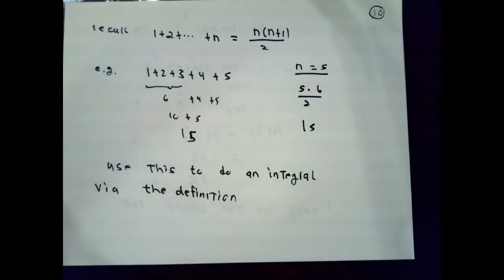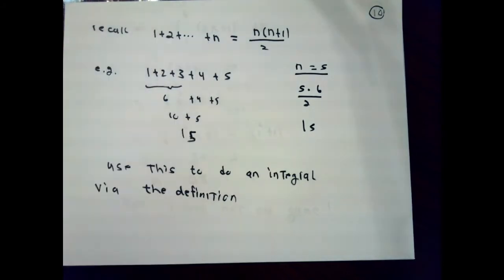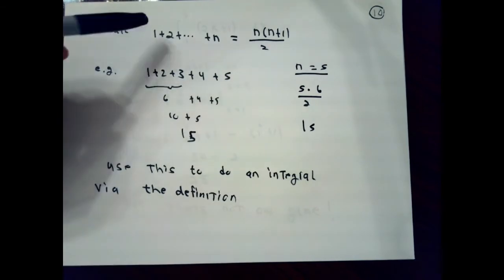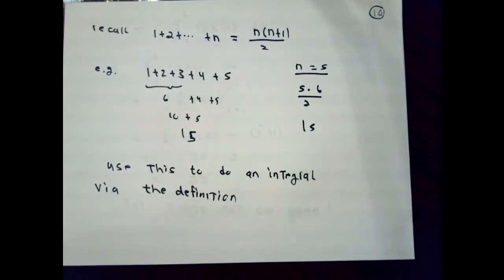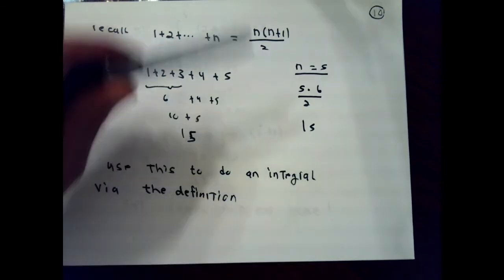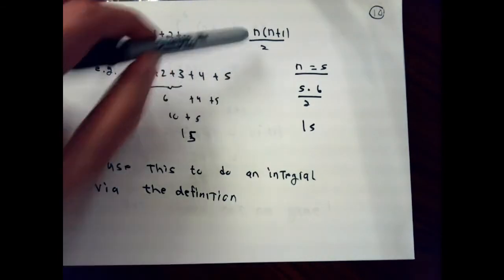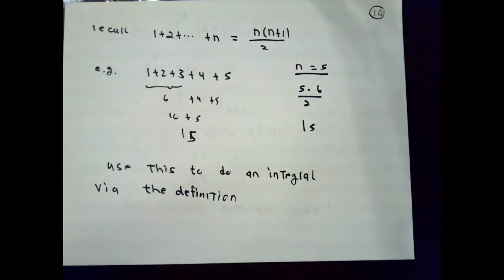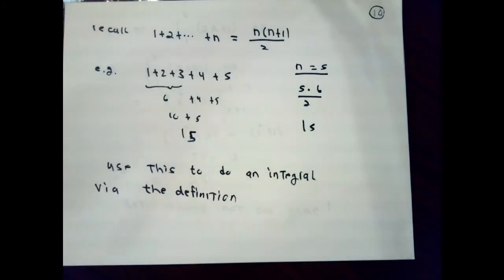If you take positive whole numbers starting at 1 and ending at some other positive whole number that I'll call n, if you add up 1, 2, 3, 4, and so on out to n, it turns out that that's always equal to n times n plus 1 over 2.